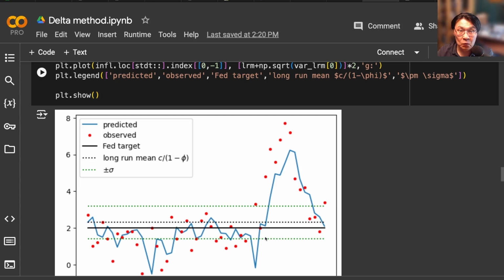We have a short series, only 49 data points, and they're very noisy. Yes, we got this 2.31 long run inflation, but we're saying the estimator itself has a lot of uncertainty, plus minus 0.9 pretty much.